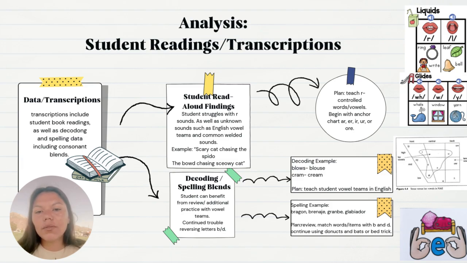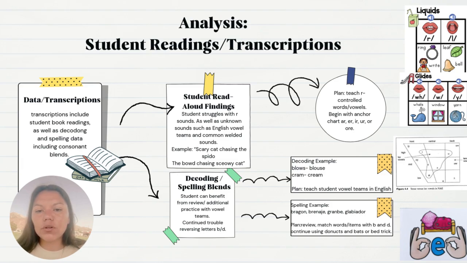So now let's talk about the analysis and some more detail about my student's readings and transcriptions. As I told you before, I went ahead and collected data that includes transcriptions as well as responses in reading blends and spelling them.